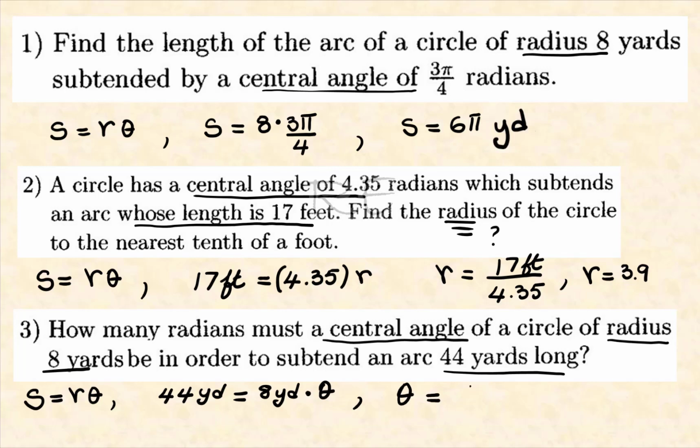So theta is equal to 44 divided by 8, which is 5.5. So it's 5.5 radians.